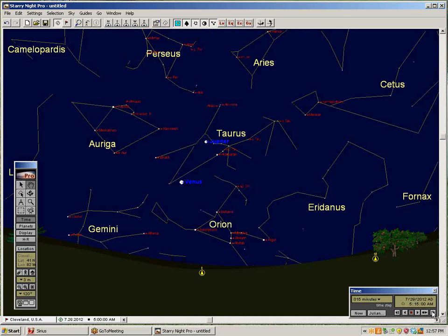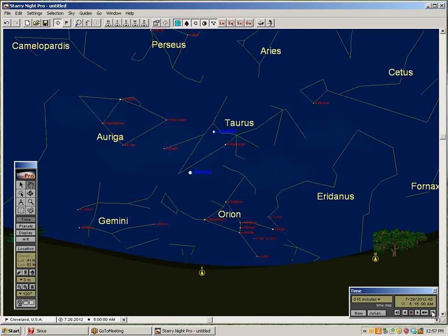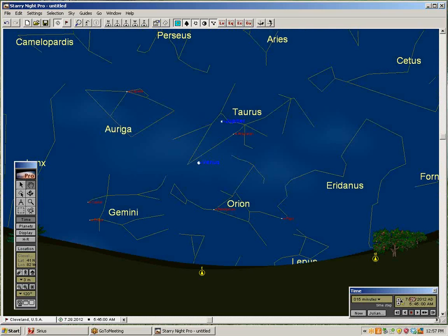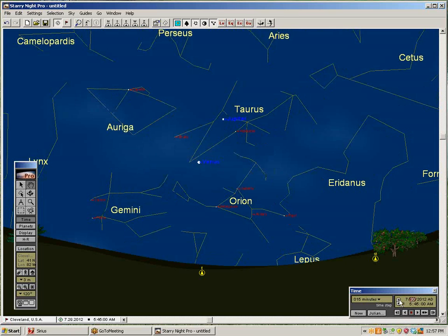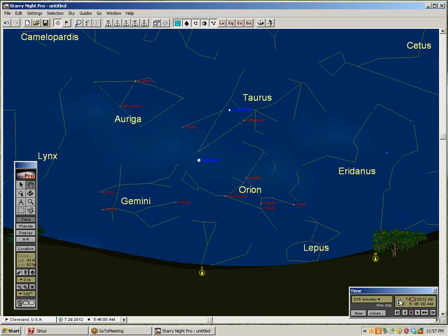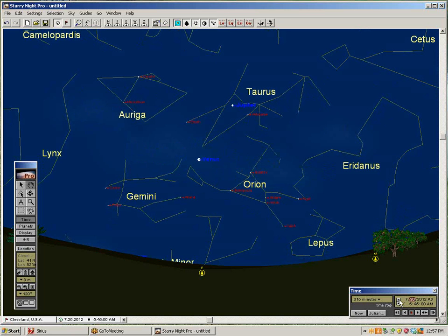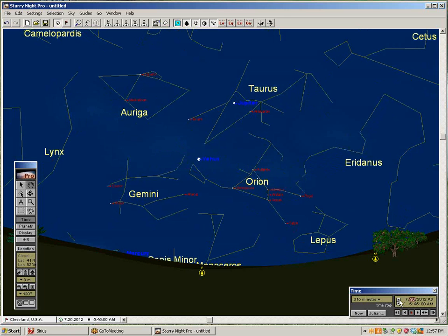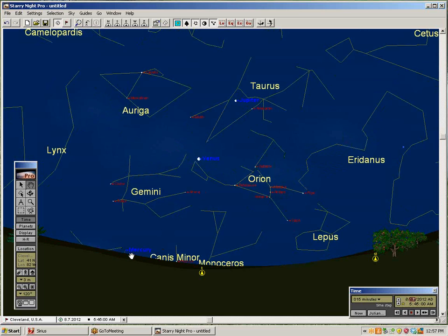Let's get just before sunrise, about 5:45 a.m. And we're watching for Mercury to come back into view. Now Mercury goes direct on the 8th. So just before Mercury goes direct, 5:45 a.m., he's going to be real low in the morning sky on the 7th.